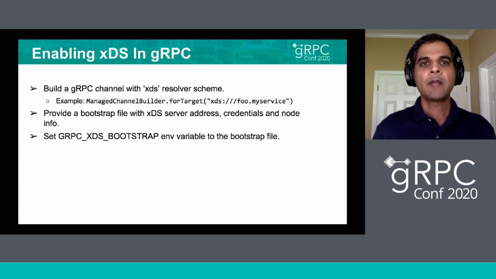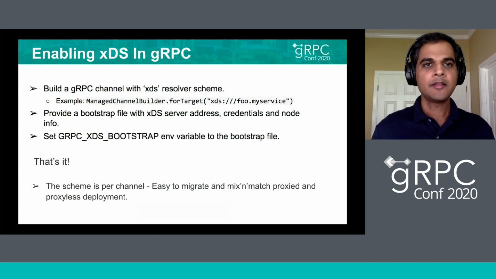So the bootstrap can contain some other information such as a unique client ID, its locality, and any other data that is relevant to a particular XDS server implementation, such as a project number or a network number. Right? So, and that's it. It is that simple.